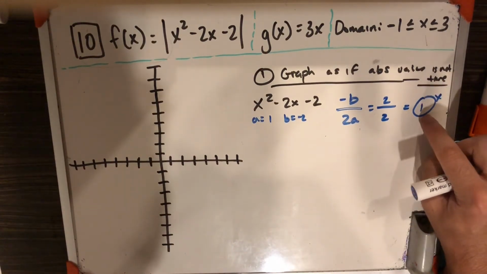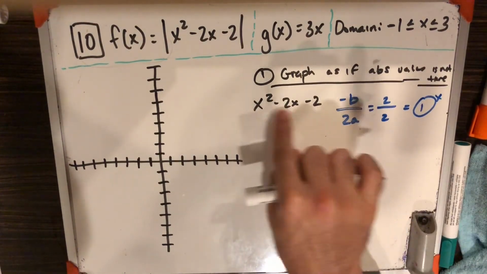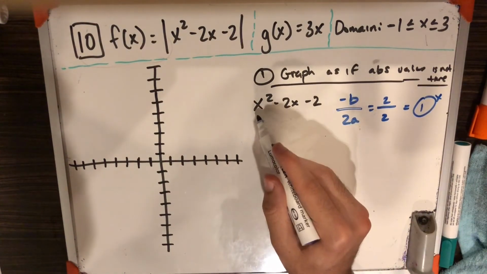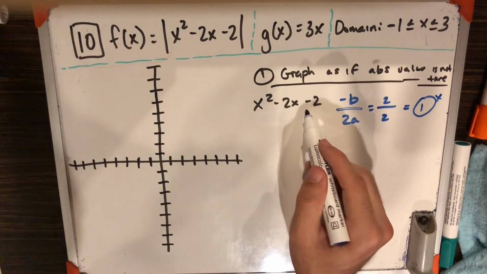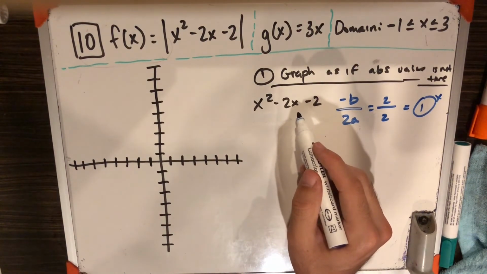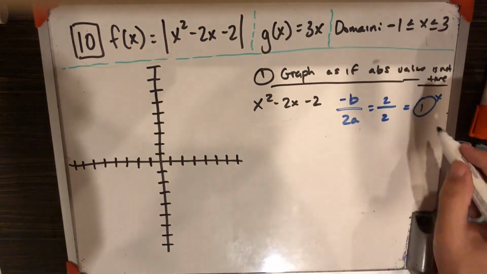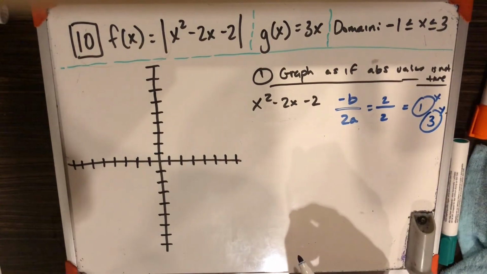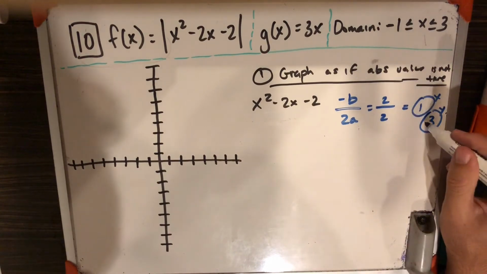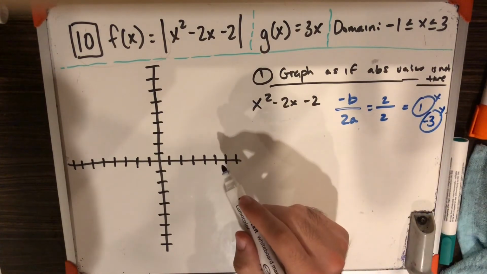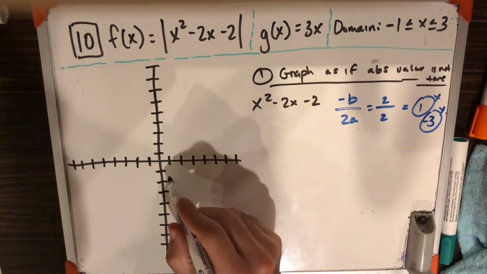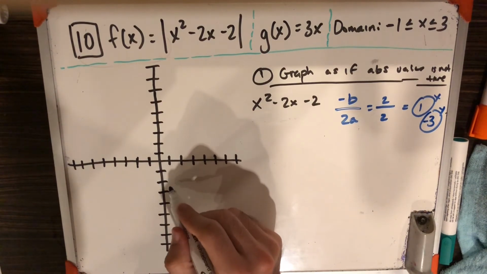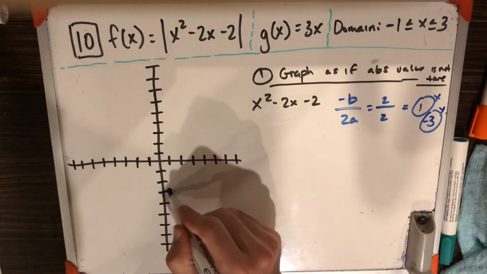I need to go ahead and plug this back in. When I plug this back in, 1 squared is 1, minus 2, minus 2. This ends up having a y value of 3. Okay, sorry, -3. All right, so I know my vertex is (1, -3).